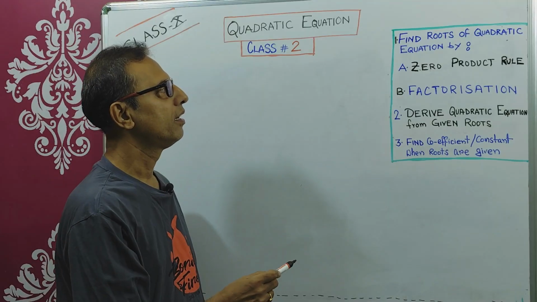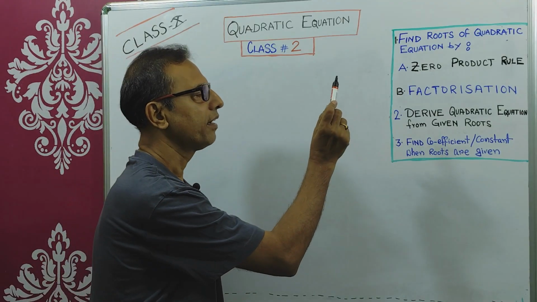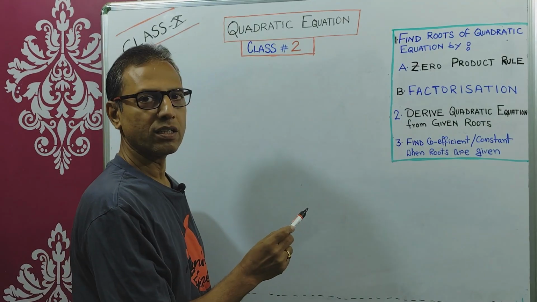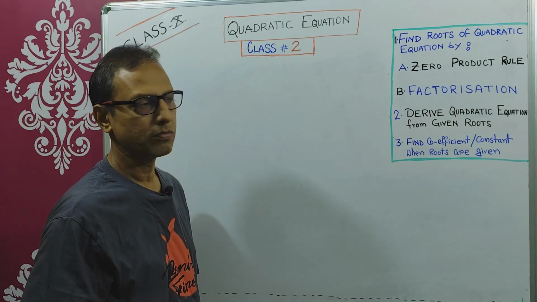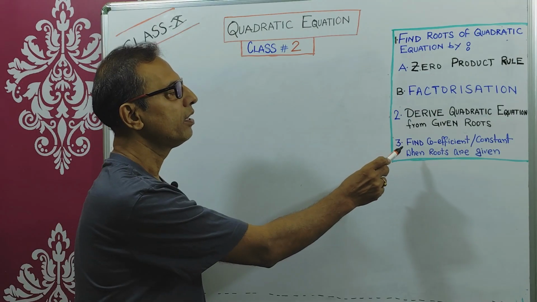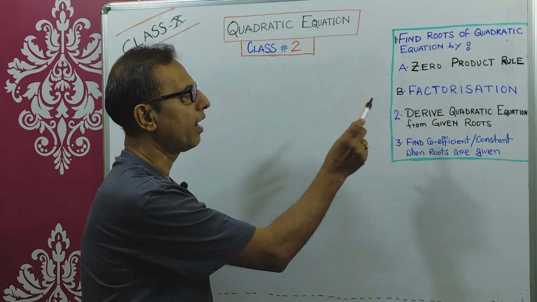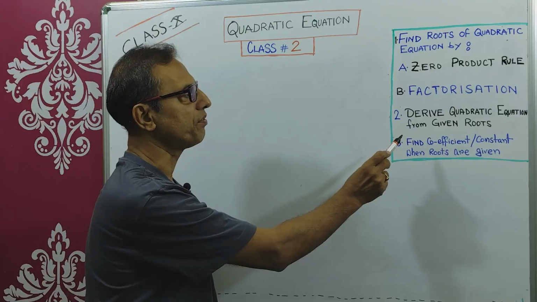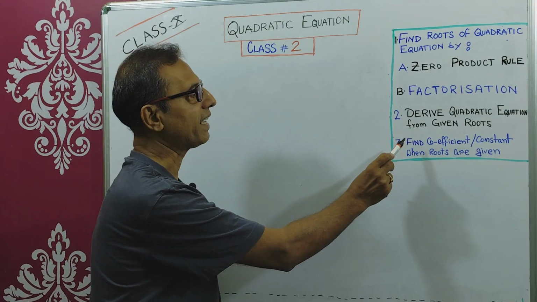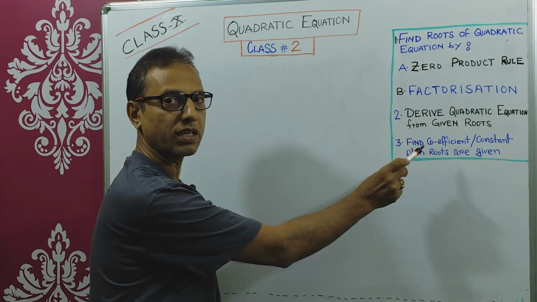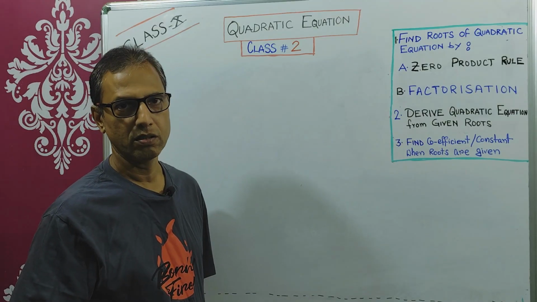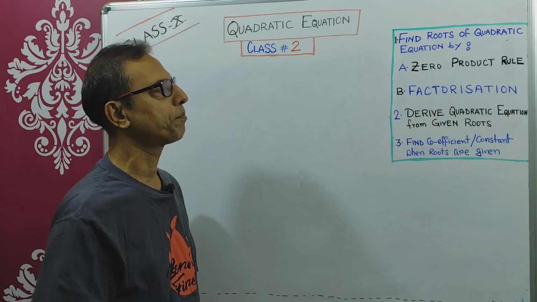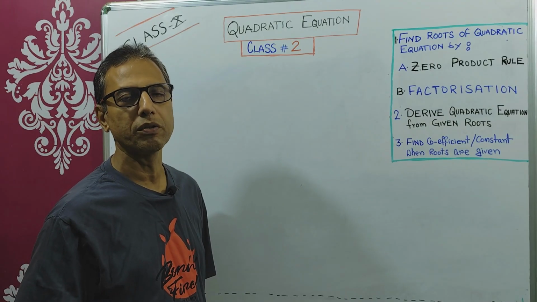Second, the roots are given, and how to derive the quadratic equation from the given roots. And third, the quadratic equation is given with x values, that is, the roots are given, but the coefficient or constant you need to derive from there. So these three types of problems we will mostly cover today.